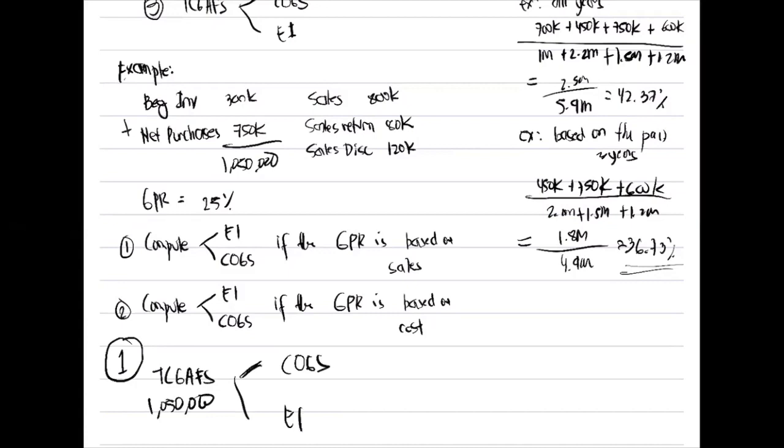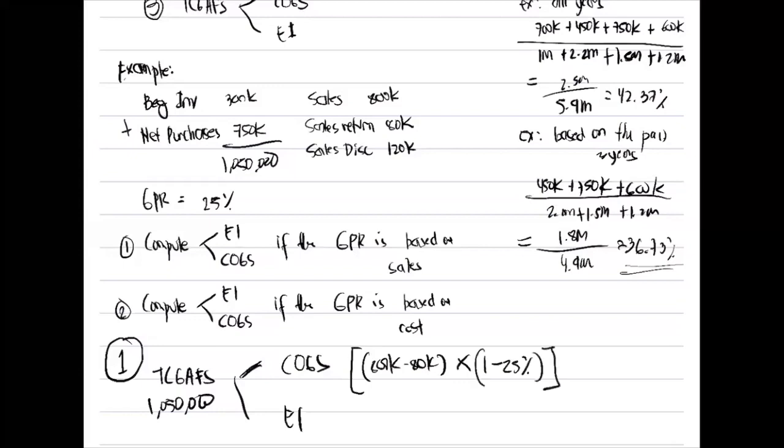So cost of goods sold to compute, we get for your net sales. Your net sales, sabi natin, sales less sales return lang. So 800,000 less 80,000, multiplied by 1 less our gross profit rate of 25%. So we have here 720,000 multiplied by 75%. 720,000 multiplied by 75% will give us 540,000.